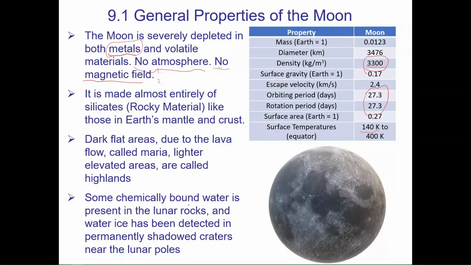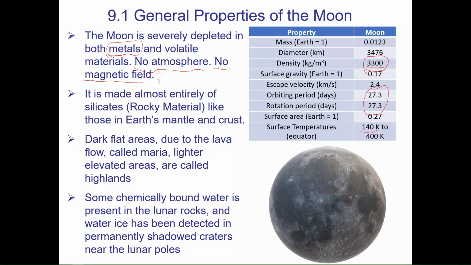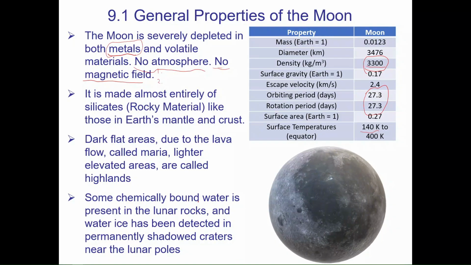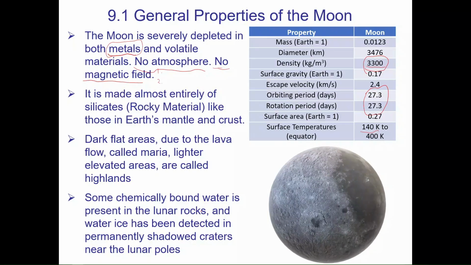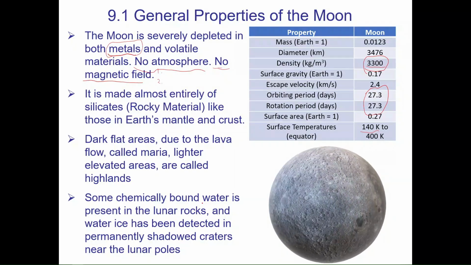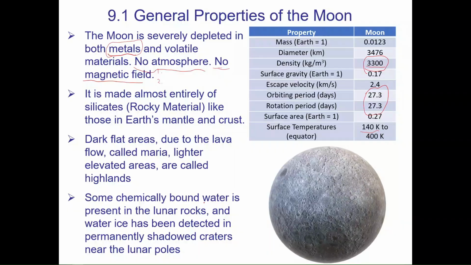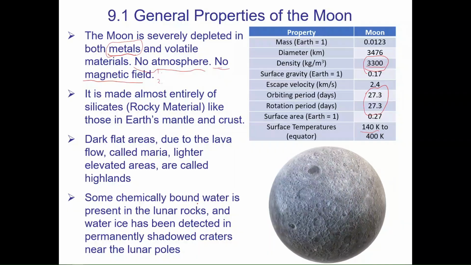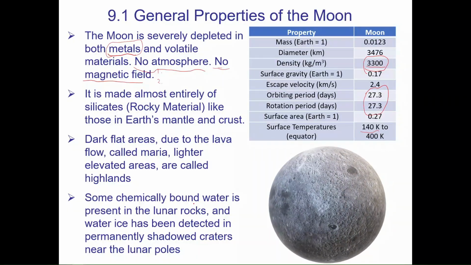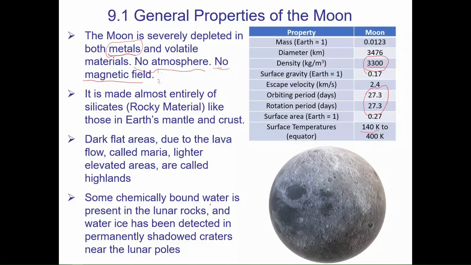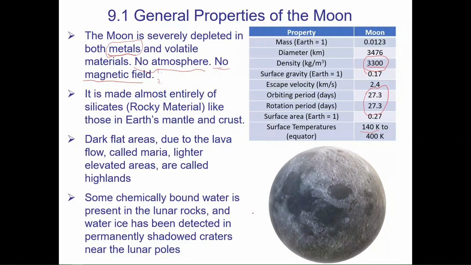Another important thing is that we will need to look at whether there's any water on the moon, because we also need to drink water, and it's going to be impossible to always transport water from the Earth to the moon if we want to establish a settlement on the moon.